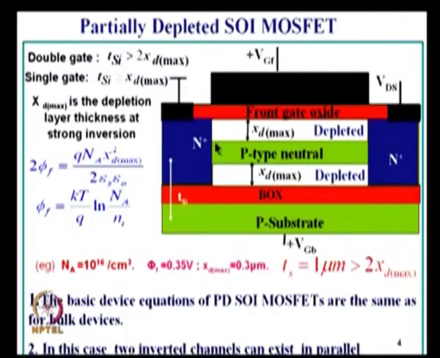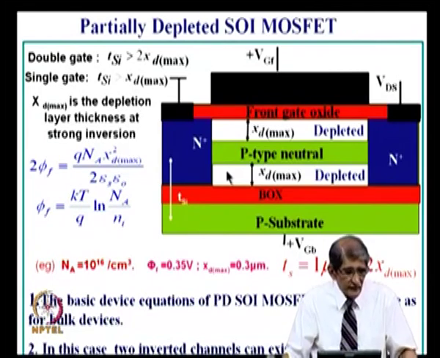Now, let us go back to the 10 to the power 16 case. Can I make a fully depleted SOI MOSFET with 10 to the power 16 doping? XT maximum is 0.3 micron. Supposing I make the thickness of the SOI layer 0.1 micron, it is a fully depleted case. So, if I go to thinner and thinner layers, I can use slightly higher doping.